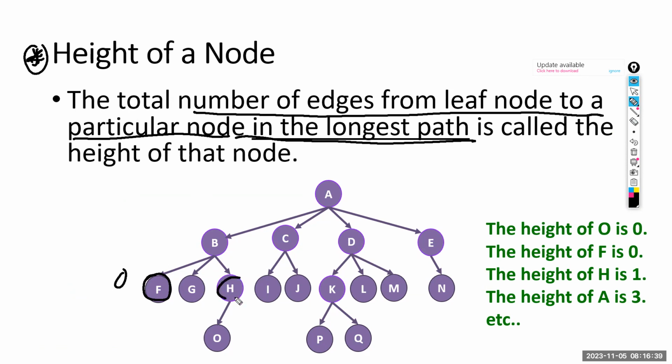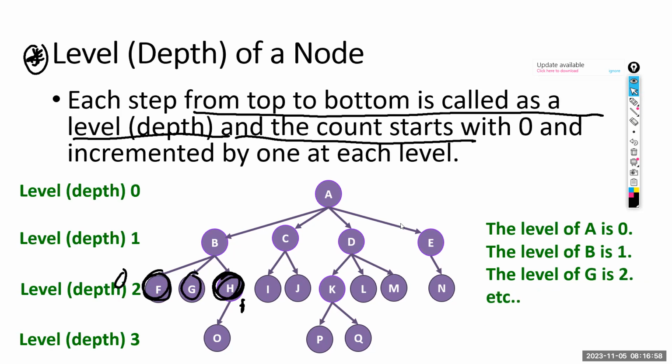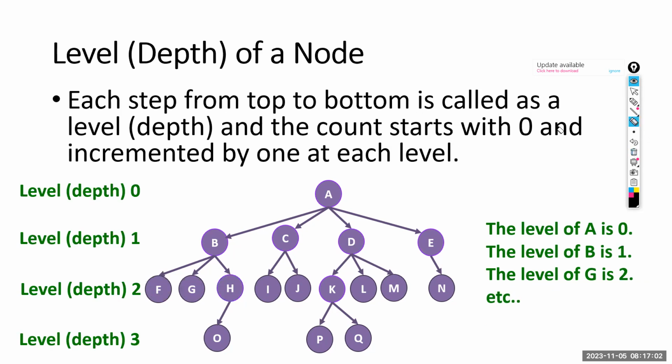But if you take this one, the height is 1. So don't think that it's like a level. No. Because from this leaf, it has to come up 1. So this one's height is 1, whereas the heights of these two are 0. Now depth is different because all these nodes have the same depth.